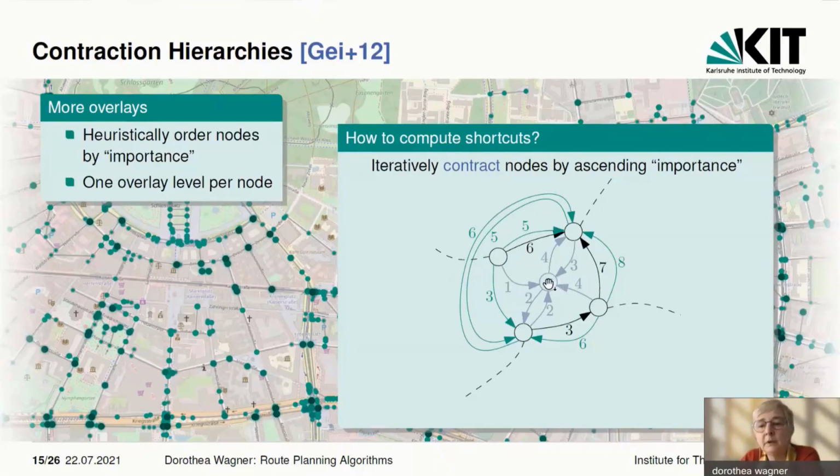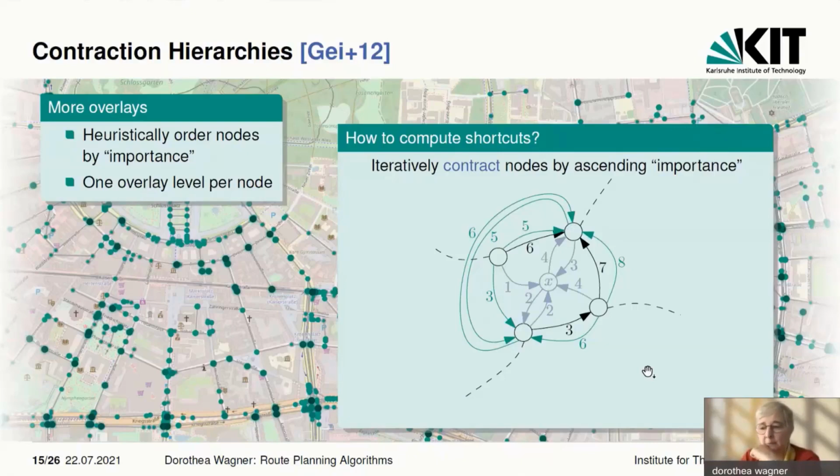Here, from this node to this node, we have a path of length 6 that goes via X. Therefore, we introduce this edge of length 6. Same here, an edge of length 8, and these additional edges of length 6, respectively 5, and so on.